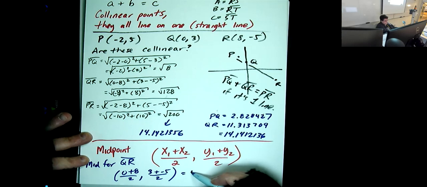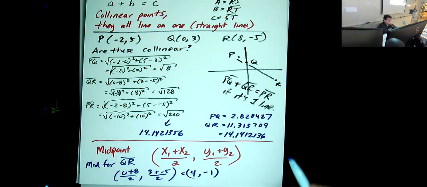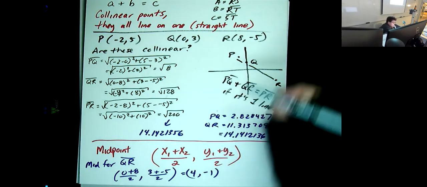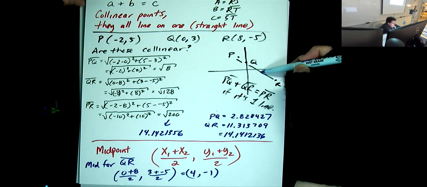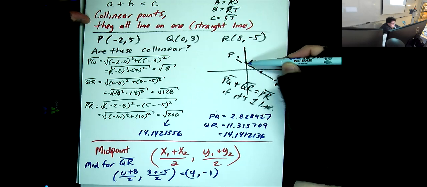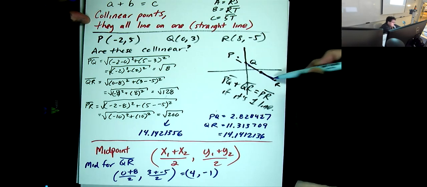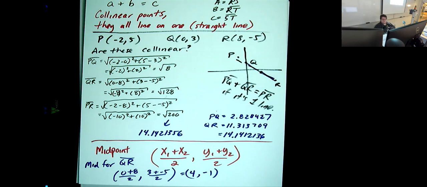And I should get 4 and -1. 4 and -1 is about there. So maybe that's halfway between those two. Well, not maybe, it is.